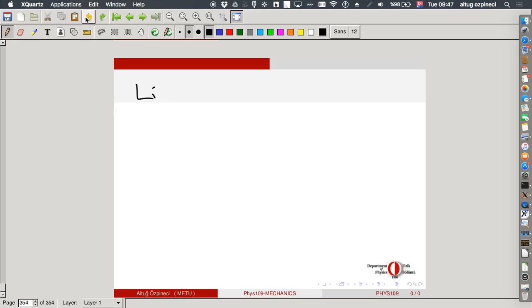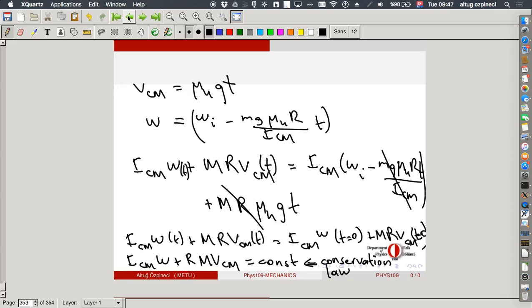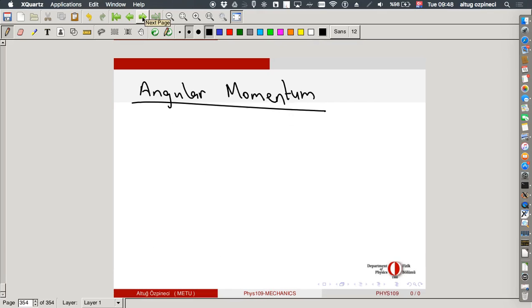No, angular momentum, sorry. Now we will describe the angular momentum. We will call this combination the angular momentum. But now, let's start with the more general treatment of the angular momentum.